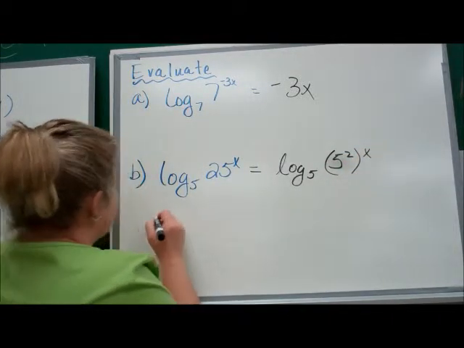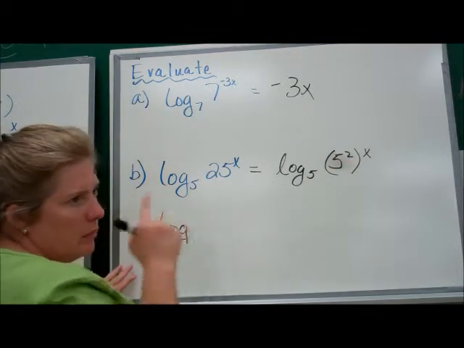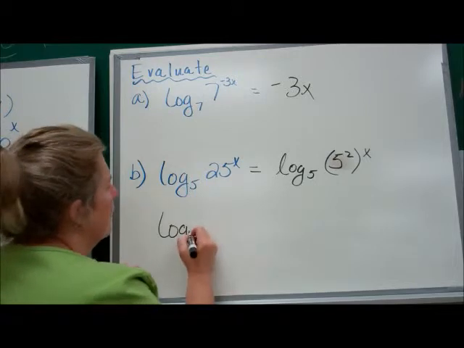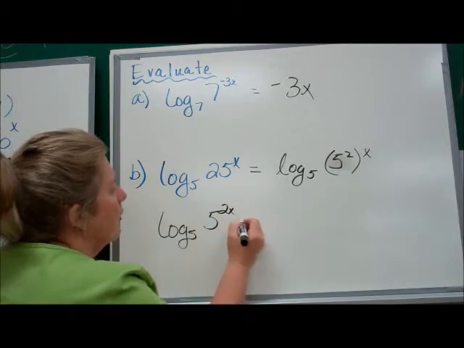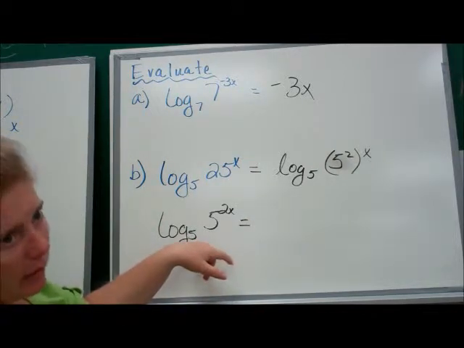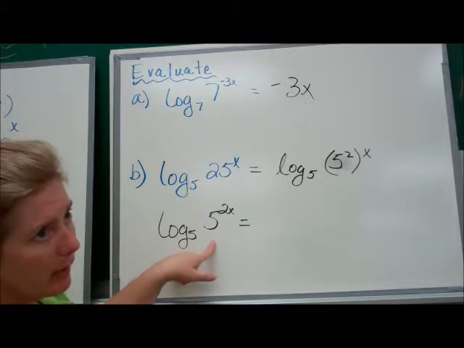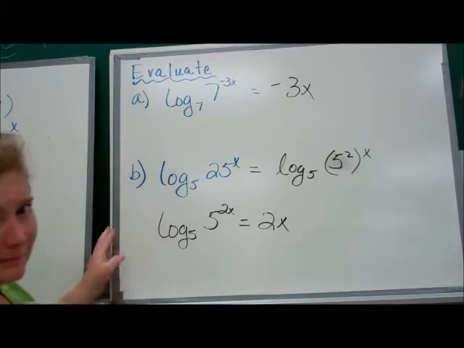Let's rewrite that again, because this is a power to a power, which means we multiply. Log base 5 of 5 to the 2x power equals what? Oh, wait. 5 to what power is 5 to the 2x power? 2x. Piece of cake.